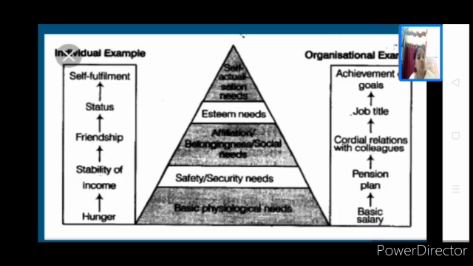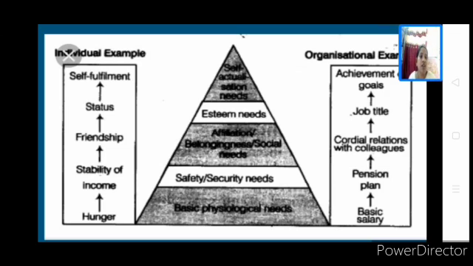So it is the responsibility of a manager to identify the needs of the employees, so that he can use the right motivator to motivate that particular employee. So you can see here, apart from Maslow's theory, we have individual priorities, and also employees working in an organization have their priorities.